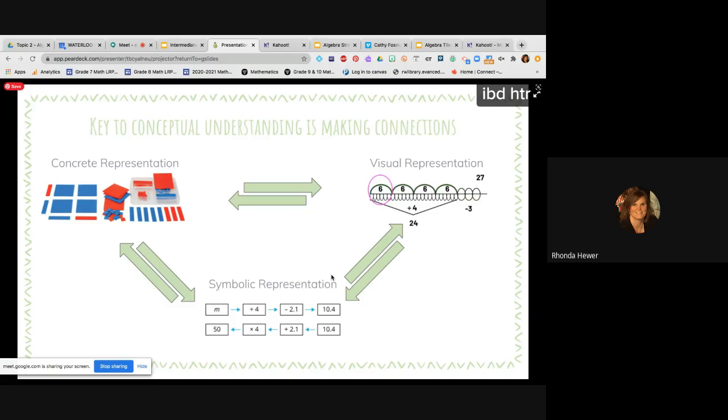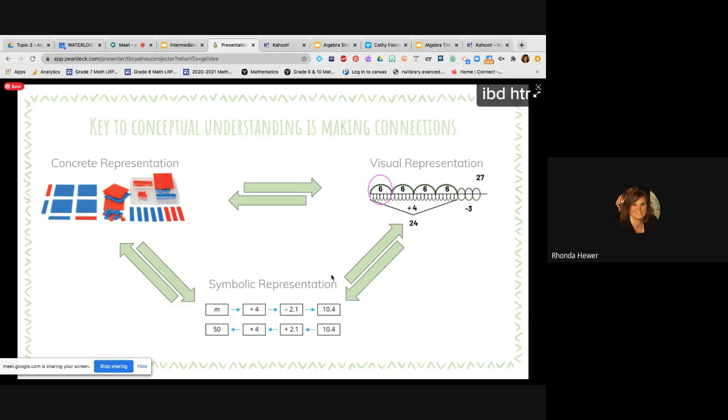But we're using concrete and visual representations to develop that conceptual understanding, so that it's not just a bunch of procedures and rules thrown at them that they're going to confuse later when they're in secondary. We're going to be revisiting expressions and equations throughout this entire year, so we are spending 10 to 15 days right now developing their understanding of what's important in algebra, so that they're able to apply it in any other situation that they come across.